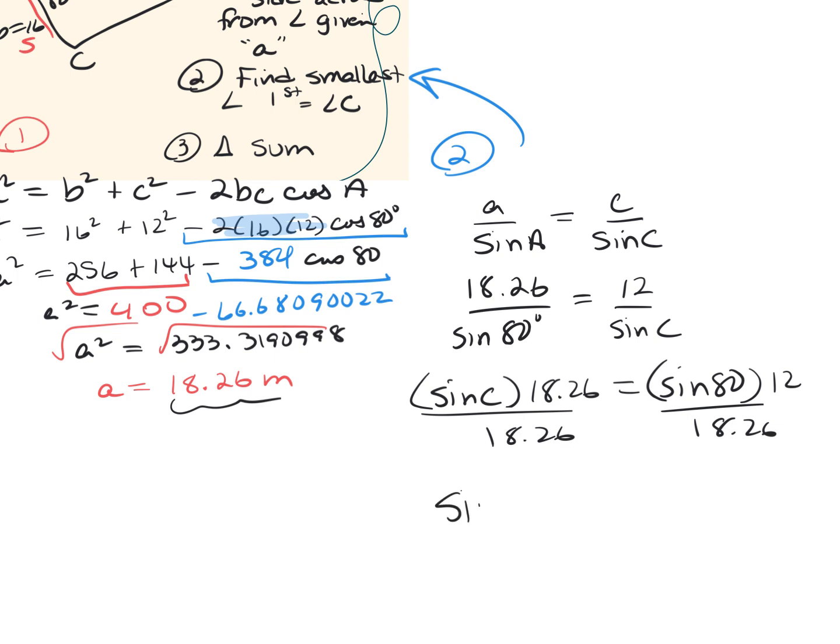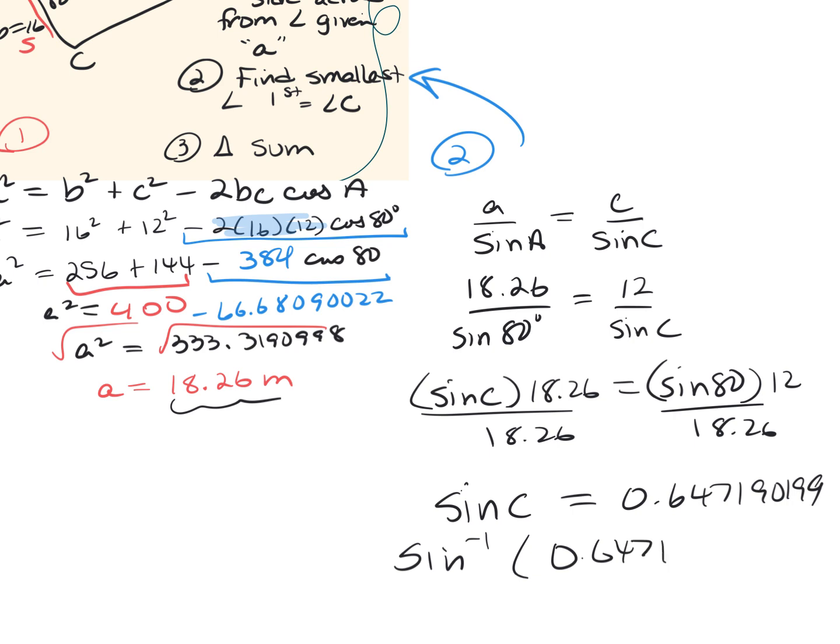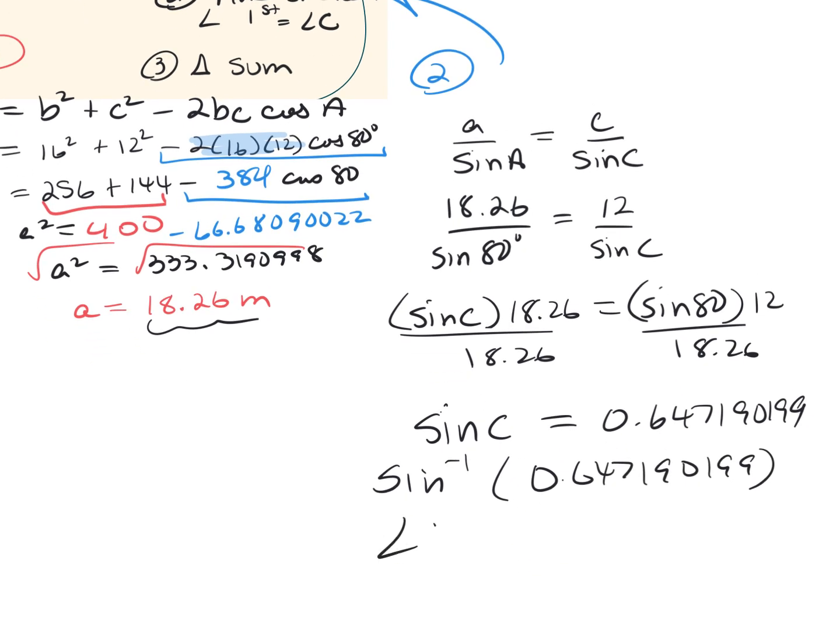And once I multiply and divide, I get the sine of C equals 0.647190199. I'm looking for an angle, so I'm doing inverse. And then once I do this, angle C is equal to 40.33.